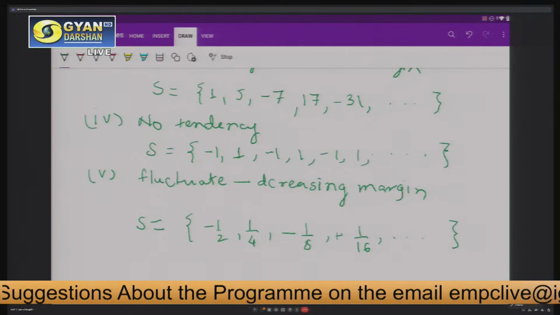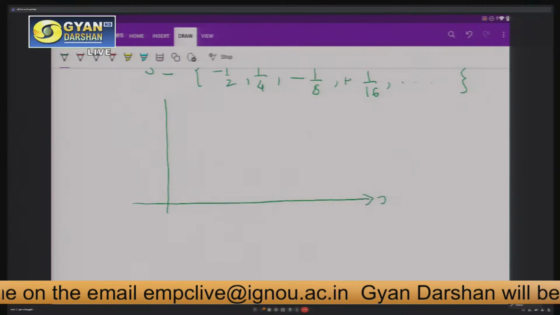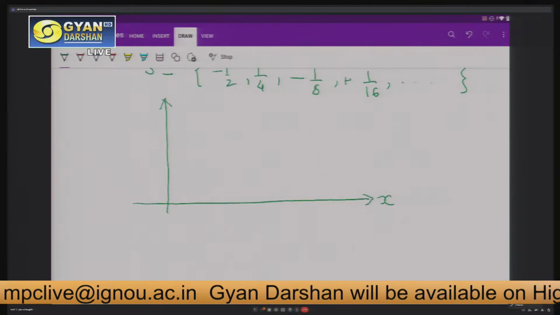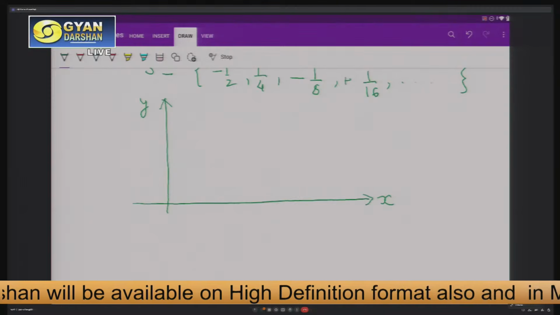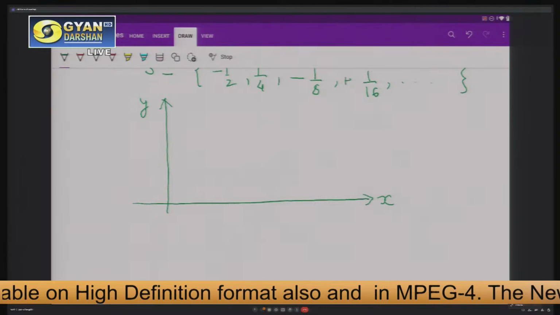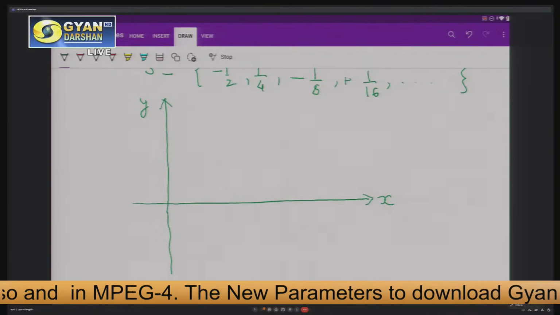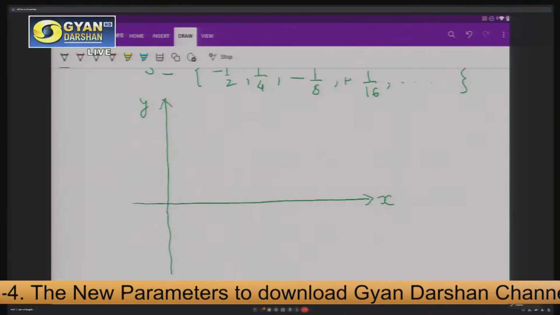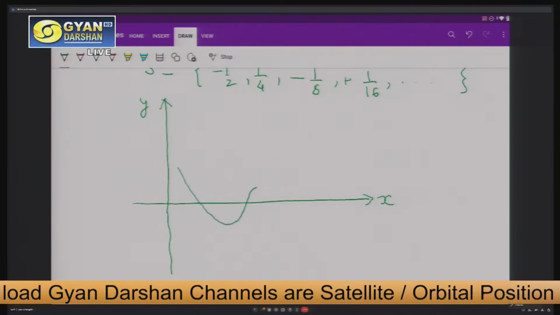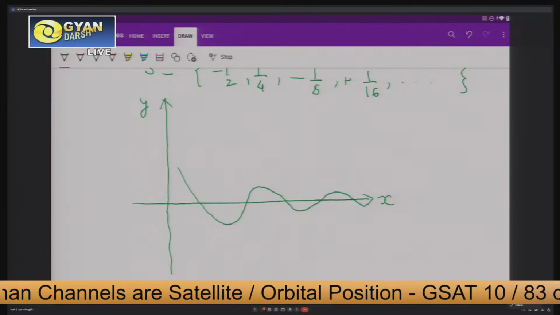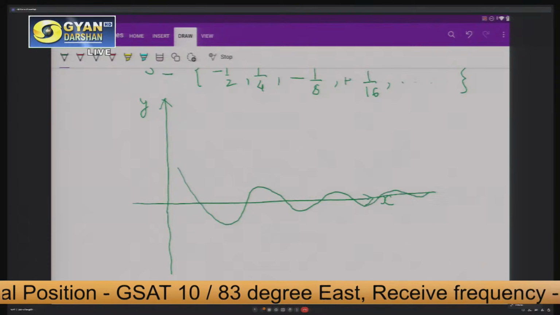You see, if I draw a graph, this is the x-axis, this is the y-axis. As x is increasing, the fluctuation of f(x) will go on decreasing.